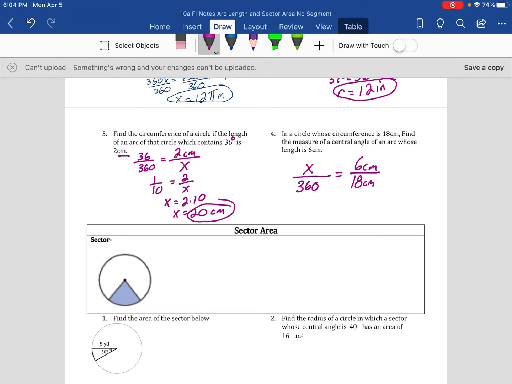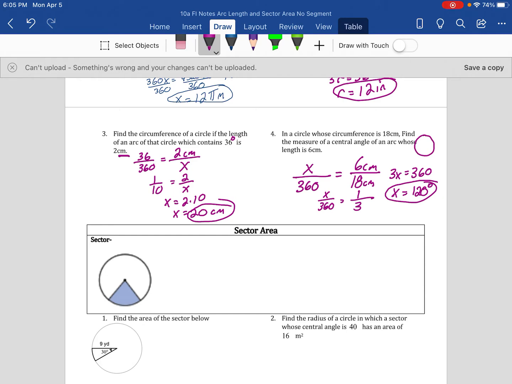And like I said before, you can simplify beforehand. 6 over 18, well, x over 360 is equal to 1 over 3. I cross multiply, I end up with 3x is equal to 360. X is equal to 120. And so my angle would have to be 120 degrees.